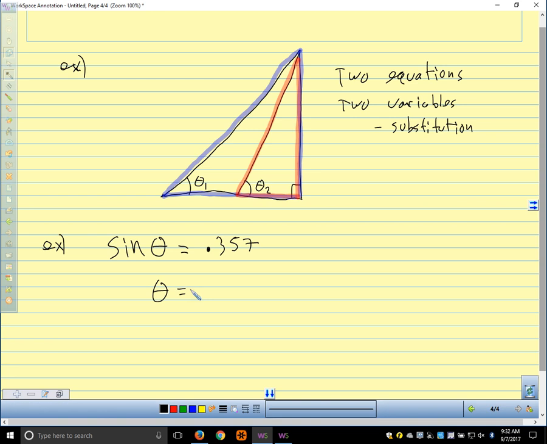How would we figure out that angle in our calculator? Inverse sine. So in your calculator, you're going to say theta equals, I'm just going to draw the button here, sine minus 1 of 0.357.